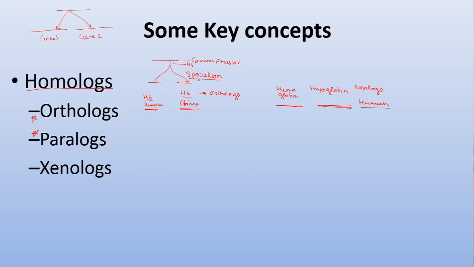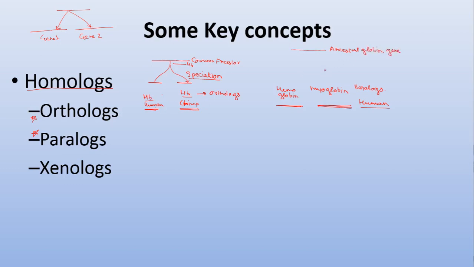Now we know that orthologs arise due to a speciation event, while paralogs are known to arise due to evolutionary events like gene duplication and gene mutation. Say, for example, a long time ago there was an ancestral globin gene.